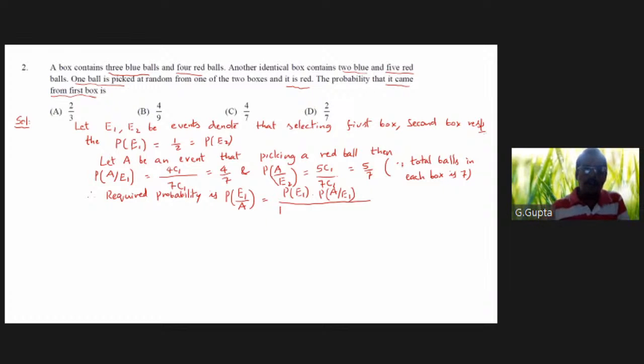That is probability of E1 into probability of A given E1, plus probability of E2 into probability of A given E2. Sometimes I write slash, sometimes the division bar, both are the same. Using Bayes theorem.